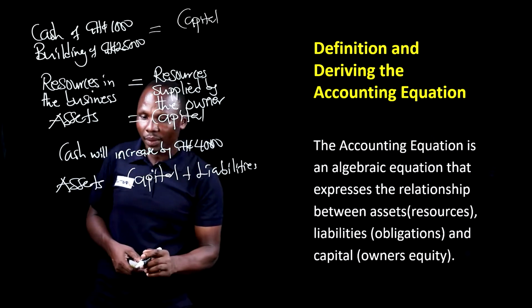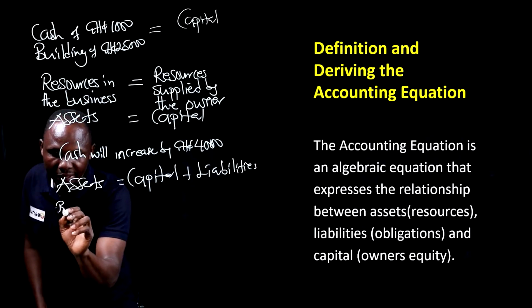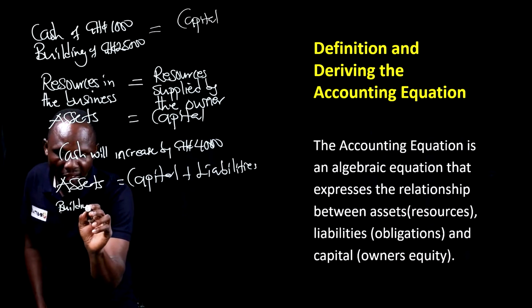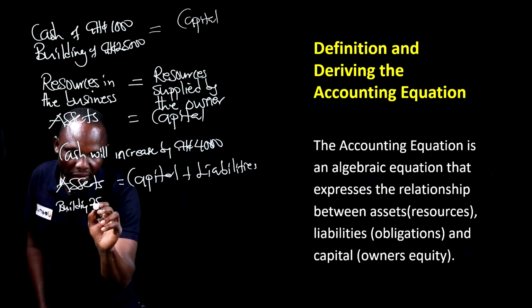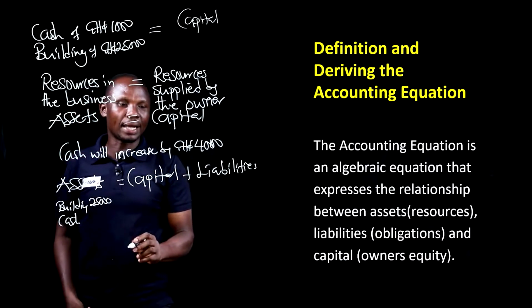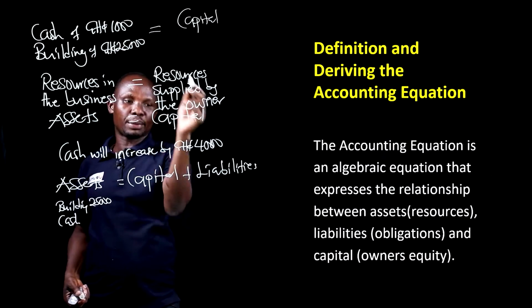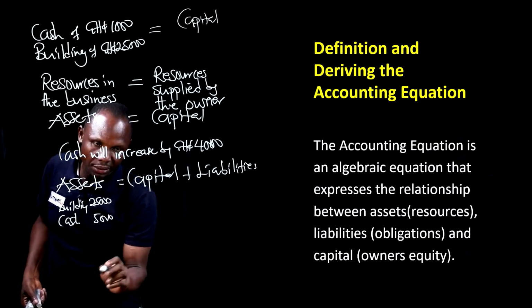liabilities. So now the assets is going to be the building, which is 25,000, and the cash. And now the balance of the cash will be 1,000 plus 4,000, and that will give us 5,000.